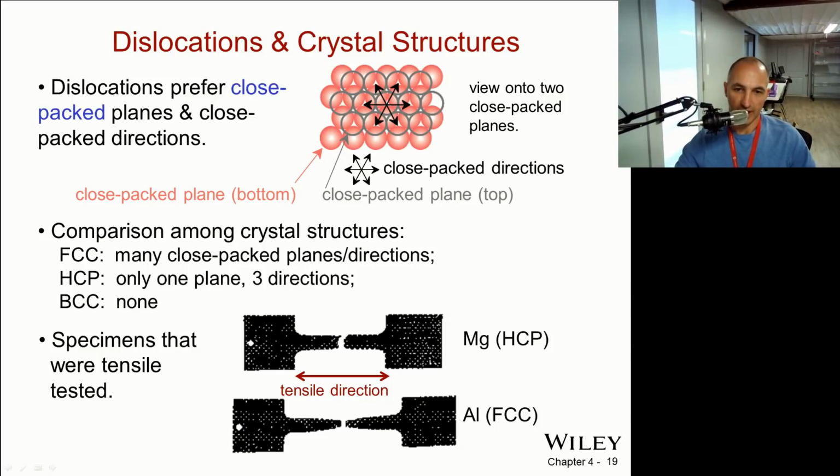So if we do a tensile test for 2 types of materials, say aluminum, which is FCC, it has many close packed planes. It's going to have more deformation and higher ductility than a magnesium sample, which tends to be very brittle. HCP only has 3 directions that are available for slip.